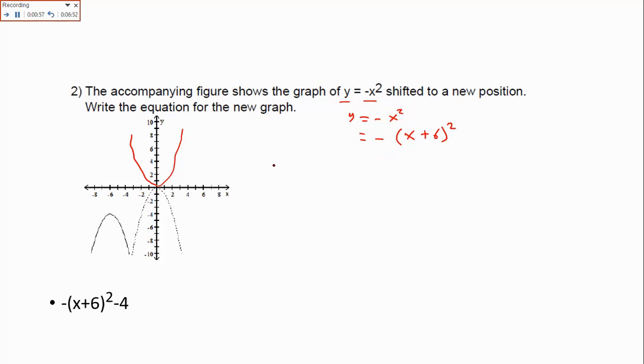Correct? And then if you want to push it down by 4, see this one starting at 0 and this one starting at negative 4, right? So to push it down, all you have to do is subtract 4 from f of x. And this will be your answer. Okay?